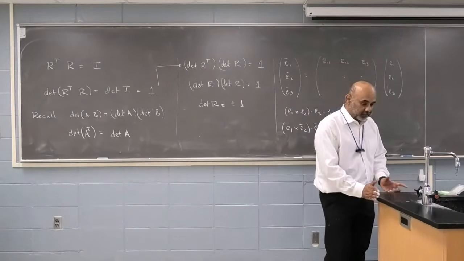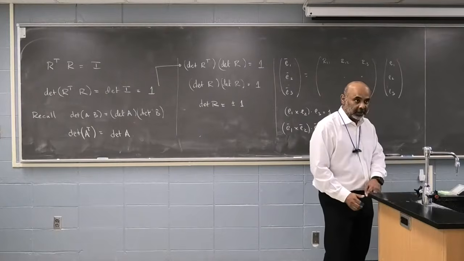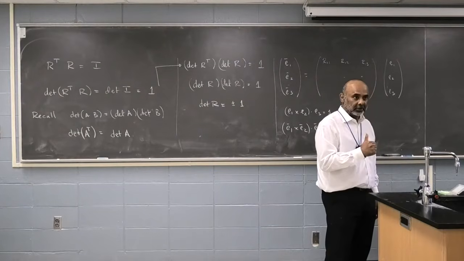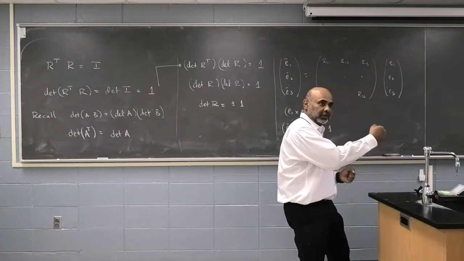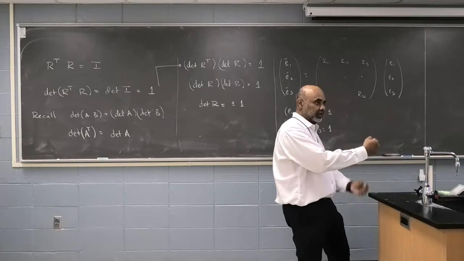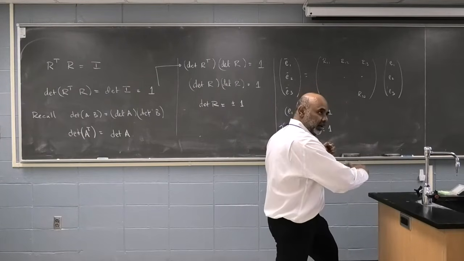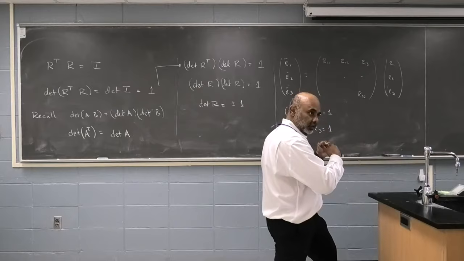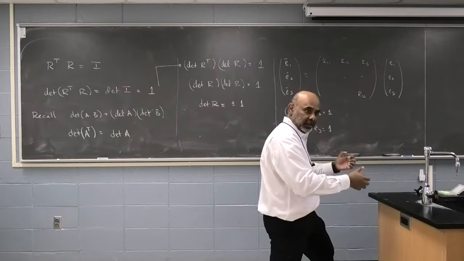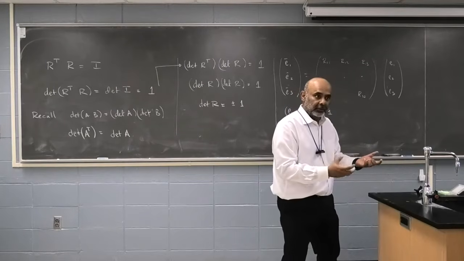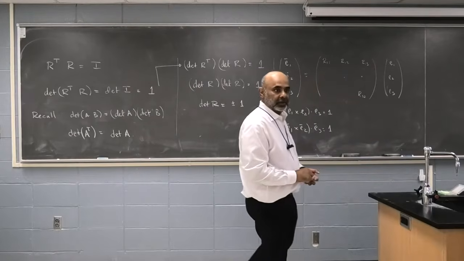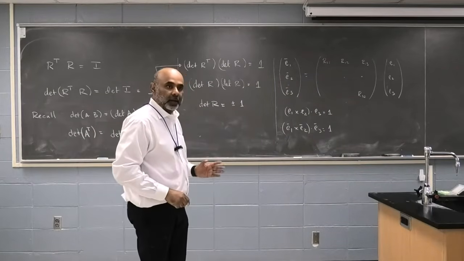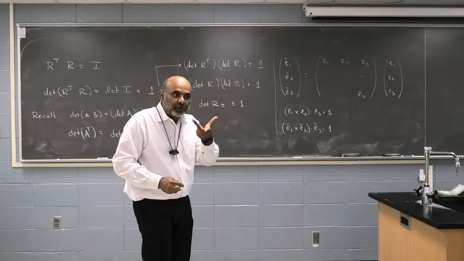So if I take a basis X, Y, Z, this is my orientation. But if I'm rigidly rotating, this is my X and this is my Y, and if I do X cross Y, what should I get? The new Z. The axis cannot all of a sudden flip to the other side. So if you dot that with E bar 3, no matter what, it should always give 1, because they're rigidly rotating.